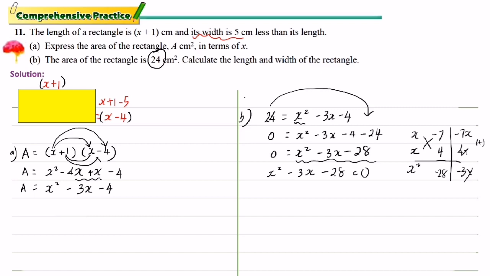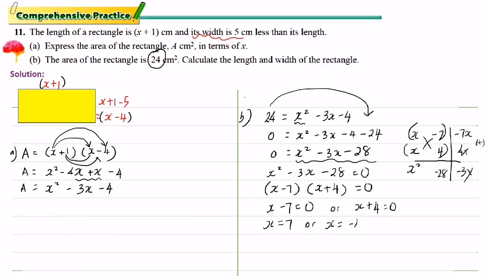Okay, so now we copy these two brackets here. s minus 7, s plus 4 equals 0. So s minus 7 equals 0, or s plus 4 equals 0. s equals 7 or s equals negative 4.